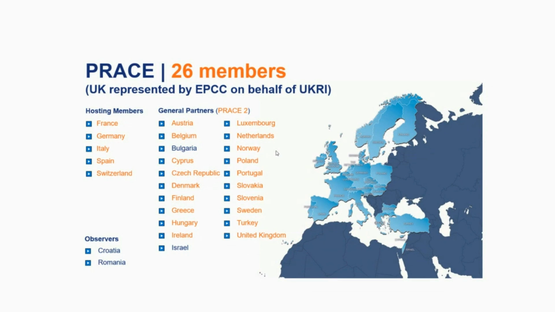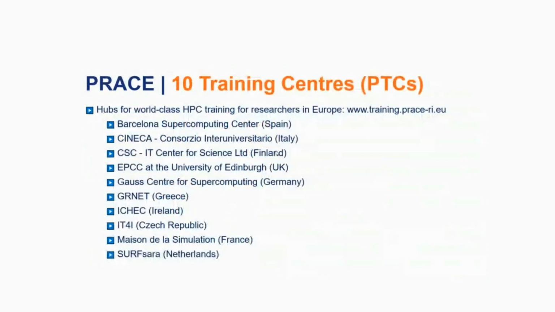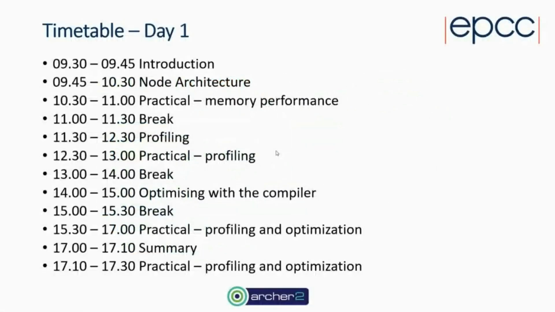So the UK tier 2 systems provide a wider computational landscape with different bits of computational hardware in there. And this program also has a set of training centres, of which EPCC is one, but there are other ones around. So if you want to have a look to see what kind of training courses they have, then www.training.prace-ri.eu is a great place to go and have a look at.